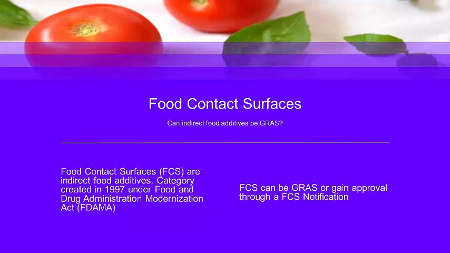What we see in the reading is that FCS can be GRAS, and also that if it's preferred, or if there's a question about whether GRAS is appropriate, it can go through a separate notification. So rather than go through what we may call a direct food additive petition, which we would just call a food additive petition, it can go through what we may describe as an indirect food additive petition or FCS notification. It's a little different process, and we'll get into that next week with the food additive petition.